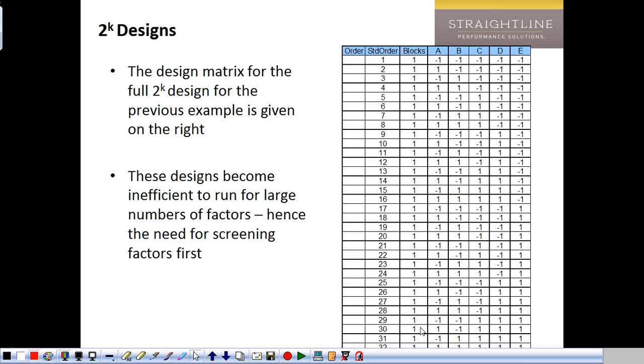All of those things. So one of the things that we could do is if we had lots of other things in there, not just A, B, C, D, E, we could run many. In fact, in 32 runs, we could handle up to 31 factors if we're doing the screening design.